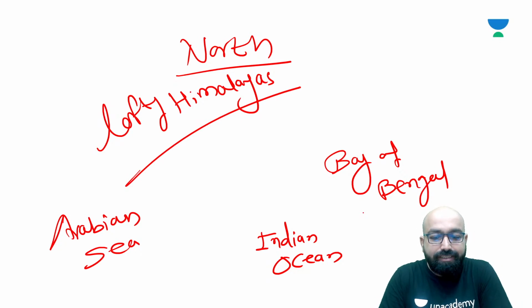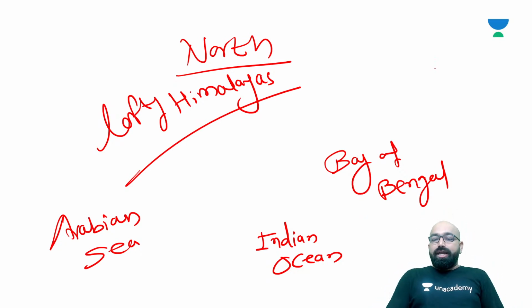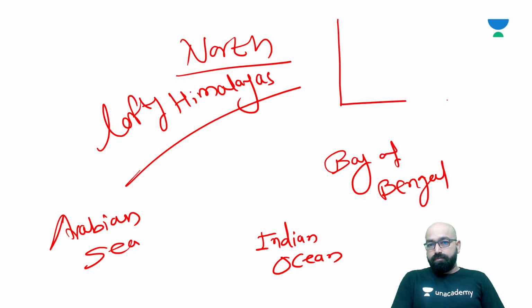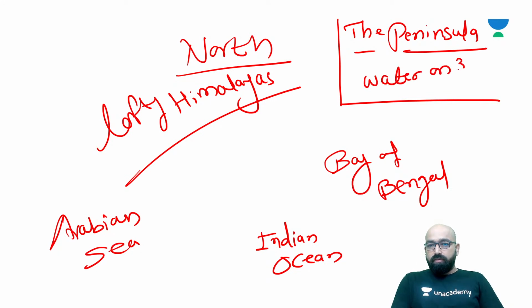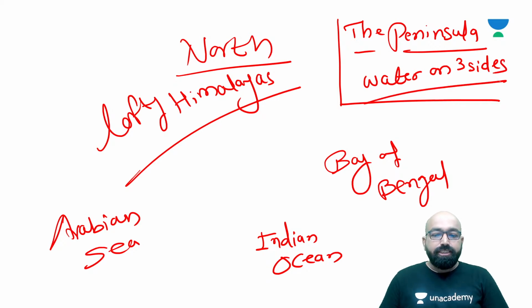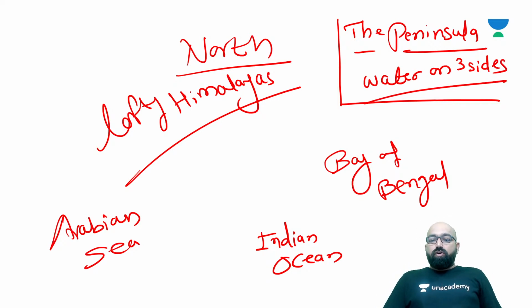Now, the peninsula is a piece of land that is surrounded by water on three sides.